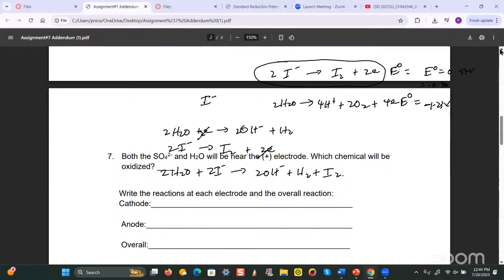But the other species will come into play. So for example, in the case of the sulfate and water, you have to look at what would be the value of the EMF when water is oxidized, and what would be the EMF of the reaction when the sulfate is oxidized. And then you compare those two EMF values. The one that's higher is the one that's more likely to occur. And that's basically what it comes out to.